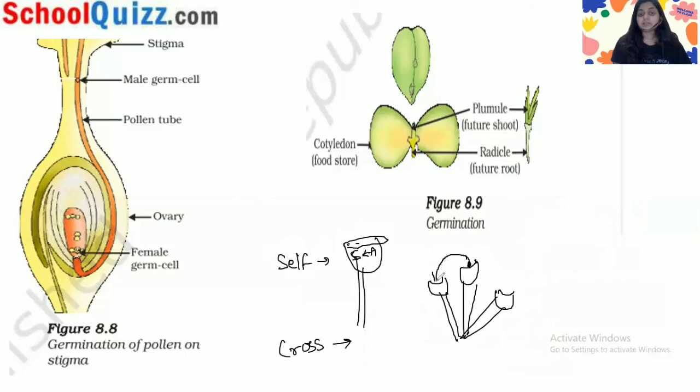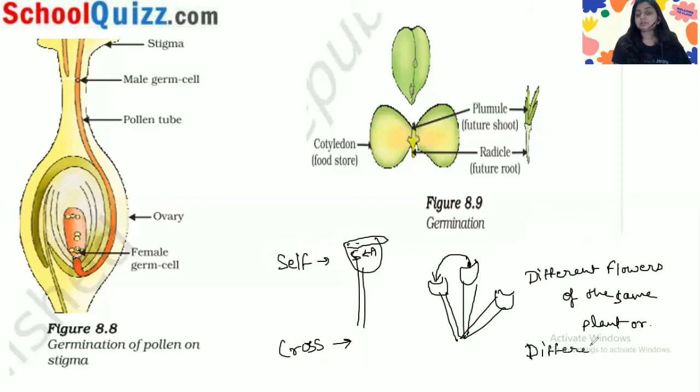Cross pollination simply means that the pollen grains of this anther are transferred to the stigma of another flower of the plant. You can say different flowers of the same plant. Or it can also happen in a different plant.